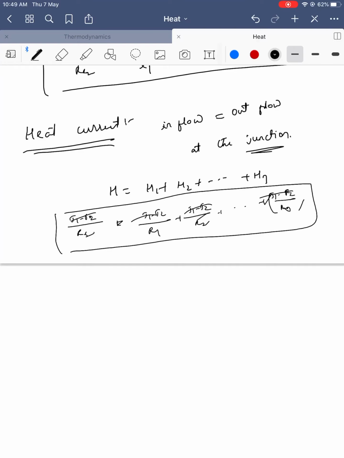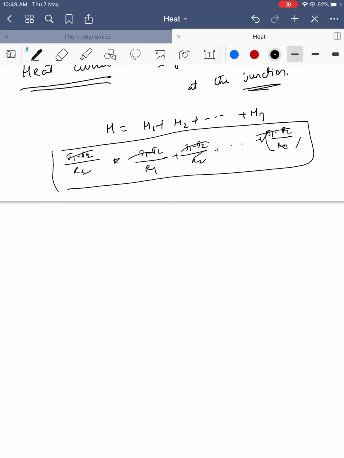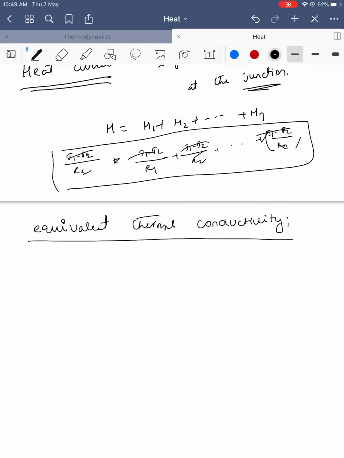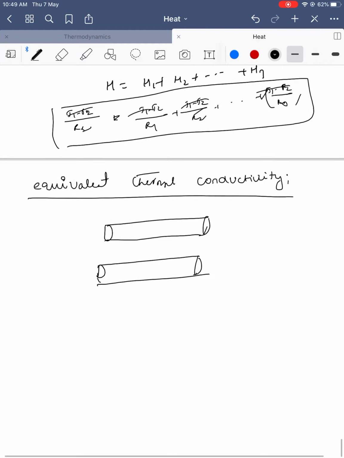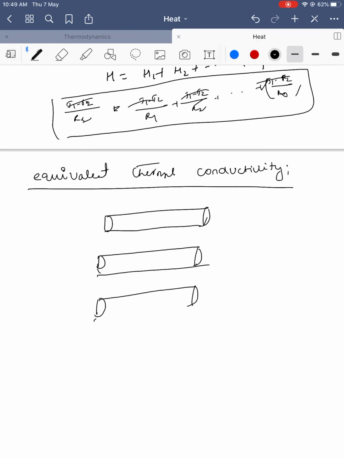Okay. So this is one part. Next, equivalent thermal conductivity. In the equivalent thermal conductivity, multiple rods are placed one over another between the same temperature difference, T1 and T2.